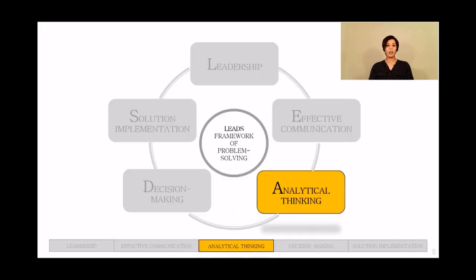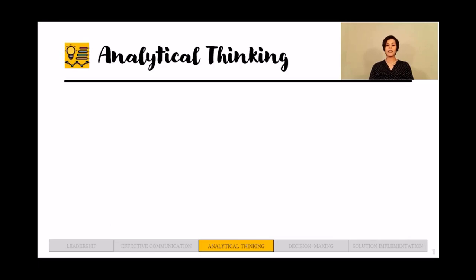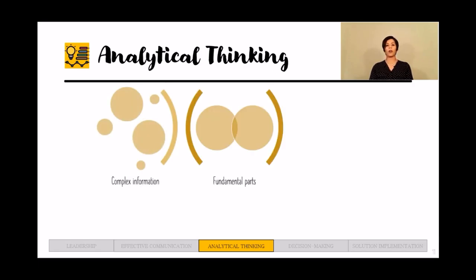Let us now talk about A for analytical thinking. Analytical thinking is a mental process of breaking down complex information into fundamental parts and then using critical thinking skills to evaluate as much information as is available in order to make sound decisions.